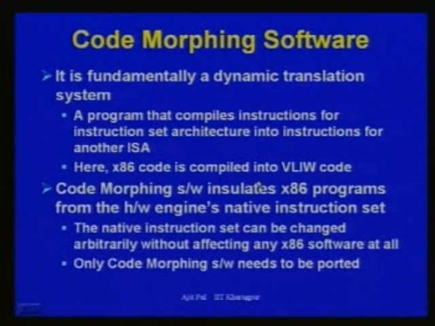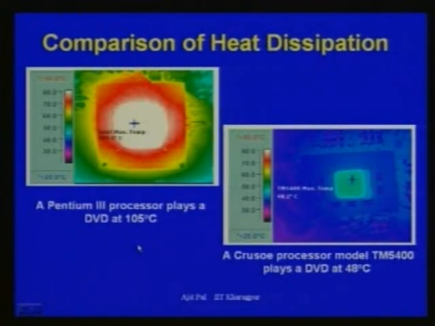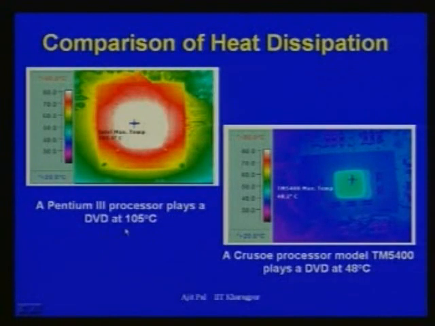And you can see x86 code is compiled into VLIW code, and code morphing software insulates the x86 programs from the hardware engine's native instruction set. And let us see the impact. Same program, if you execute in a Pentium 3 processor, the temperature rises to 105 degree centigrade.